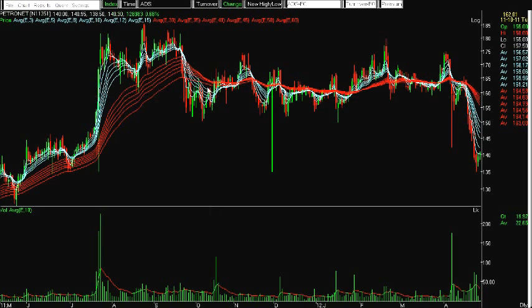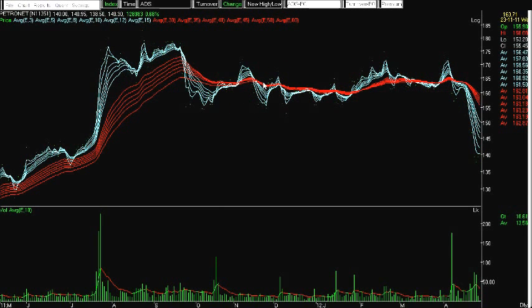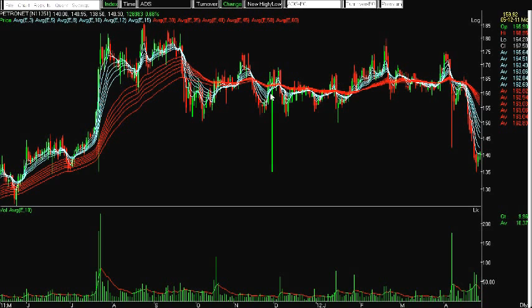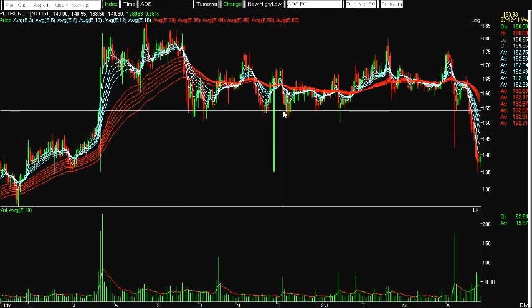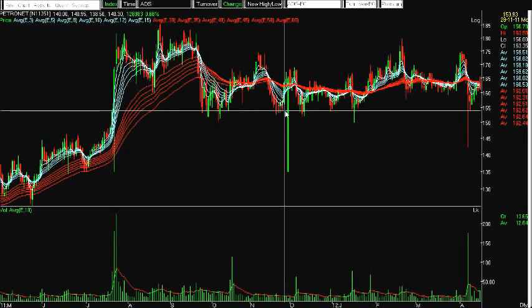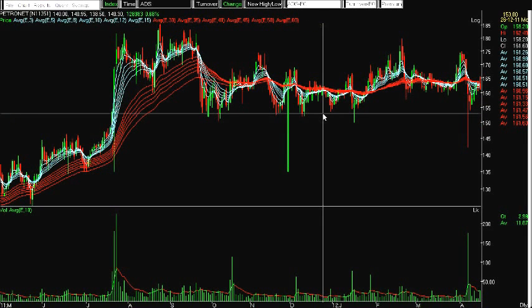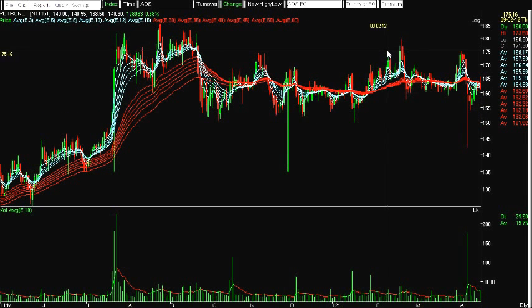One more example is Petronet. See here, the lines are contracting, and there is no good gap between these red lines for a good period of time. For this entire period, Petronet was trading in a very small range. The low is 153 and the high is 175.